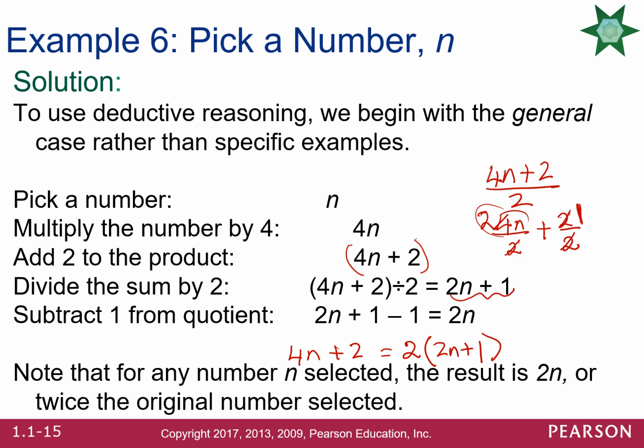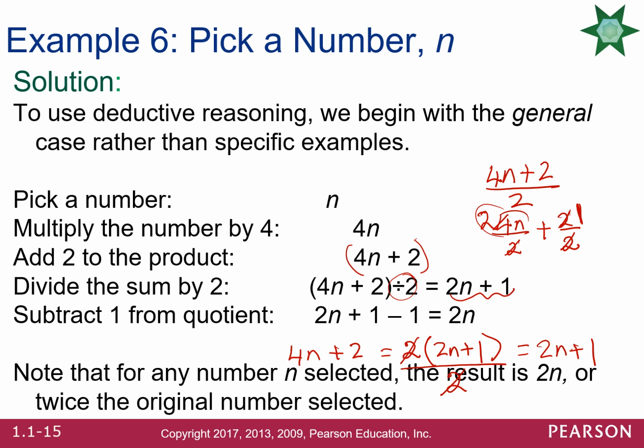You take your 4n divided by the number you factored. So 4n divided by 2 is 2n, and 2 divided by 2 is 1. So that's how we got 2 times 2n plus 1. And then you can divide it, right? We have to do this division, divided by 2. So we end up with 2n plus 1. All right, so this you should be able to remember from your past algebra courses.